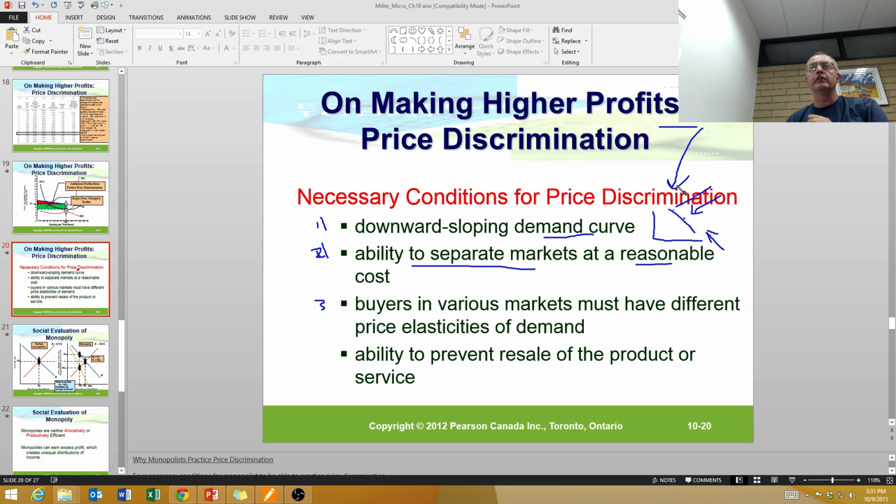And in order for the vendor to charge higher prices to these customers, they have to have relatively few choices, and the customers at the bottom have to have relatively more choices.